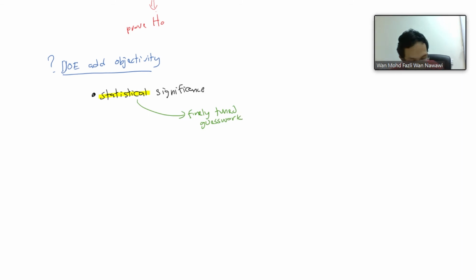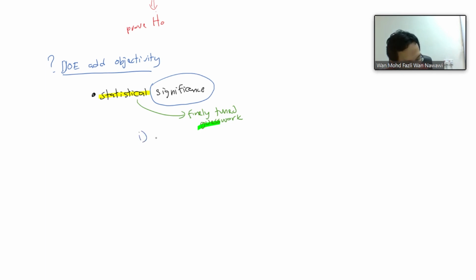Because it's a guess, you need to know how close your guess is. Even though it's finely tuned guesswork, you need to know how close your guess is to reality. That's where the significance comes in, to make sure whatever you guess has some level of confidence. Normally, to find the statistical significance, first you decide the risk factor.